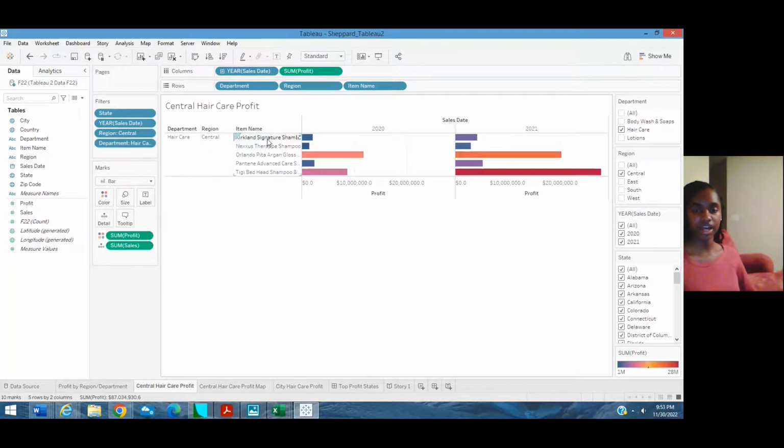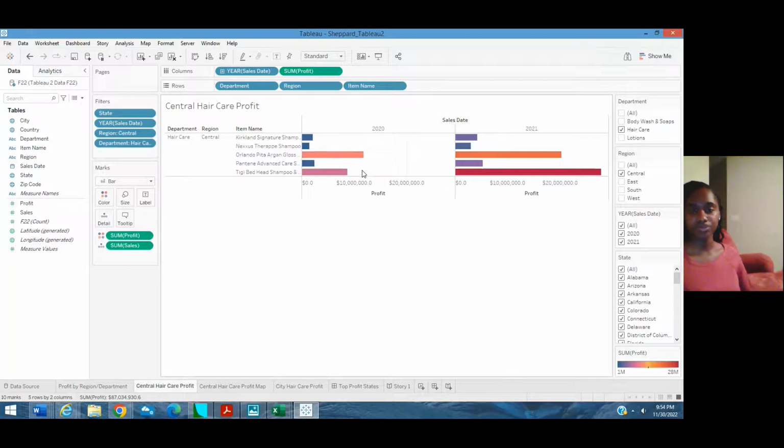The feature that I added to this was the item name, just to get a closer look at what exactly is causing the profits to rise. And here we see the years 2020 and 2021.